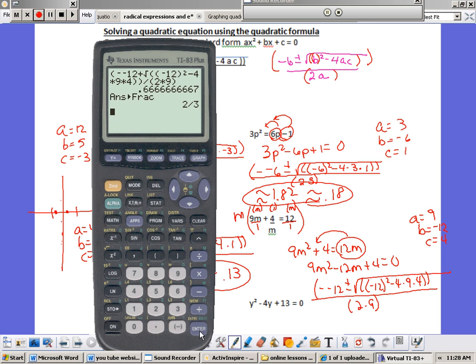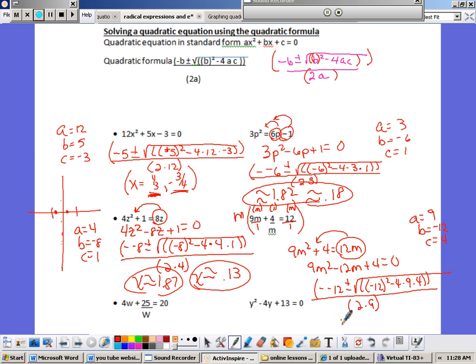Math fraction 2/3. Second enter. Let's go back and do the minus one. 2/3. So they're both 2/3. So what does that mean? Well, m is equal to 2/3 twice.